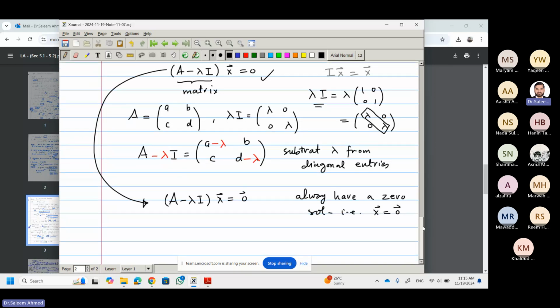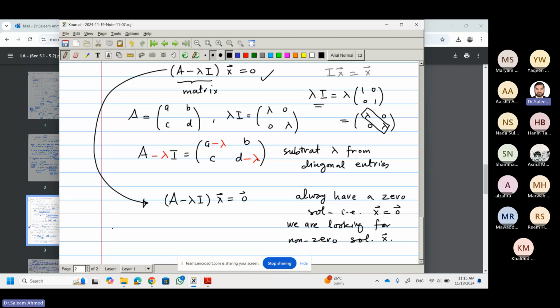But 0 is not an eigenvector. We are looking for a non-trivial solution, a non-zero solution. 0 cannot be an eigenvector. Remember that. We are looking for a non-zero solution x. Okay. So if x is not equal to 0, it means we are looking for a non-trivial solution.